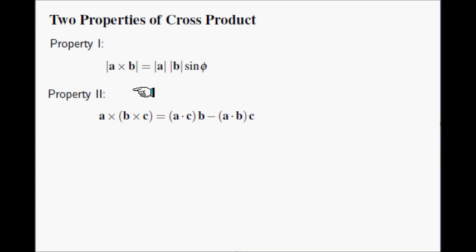this property 2 here. On the left hand side we have this B cross C, and because this itself is a cross product of two vectors, this left hand side is a vector that is perpendicular to A and perpendicular to the cross product of B and C. Therefore this vector must be contained in the plane that is spanned by these two vectors B and C, because all the vectors that are perpendicular to B cross C must be spanned by these two vectors B and C, and that's why the right hand side is of this shape.